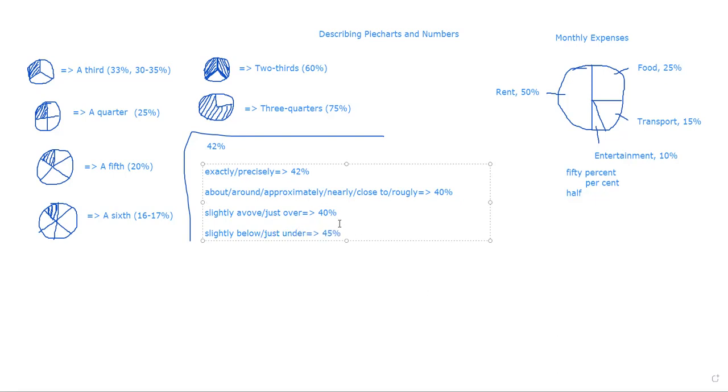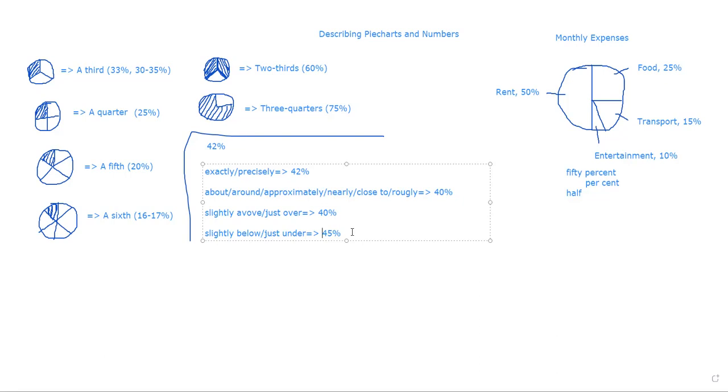For example, if the food is maybe 27%, you can take a round figure 30% and you can say food is just under 30% of the total, or food is just under 30% of the monthly expenses, or food makes up just below or slightly below 30% of the monthly expenses.